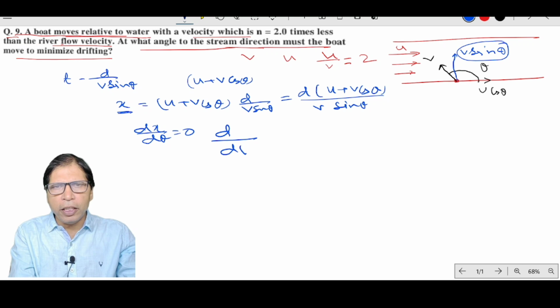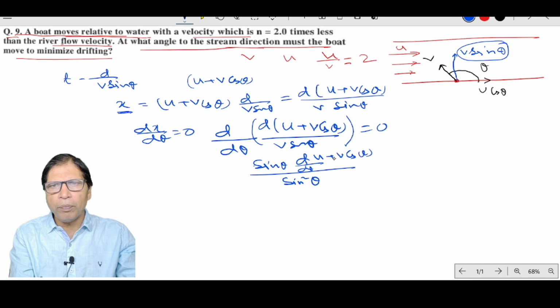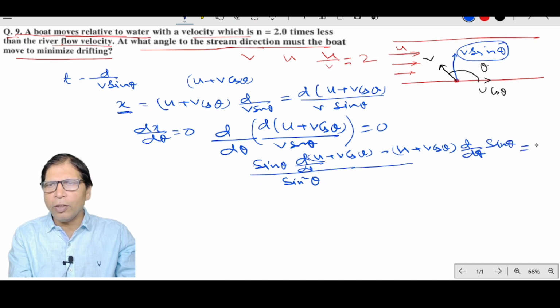Now d by d theta of d into u plus v cos theta divided by v sin theta equals 0. Therefore, we get sin square theta in the denominator, into sin theta into d theta of u plus v cos theta, minus u plus v cos theta into d theta of sin theta, equals 0.